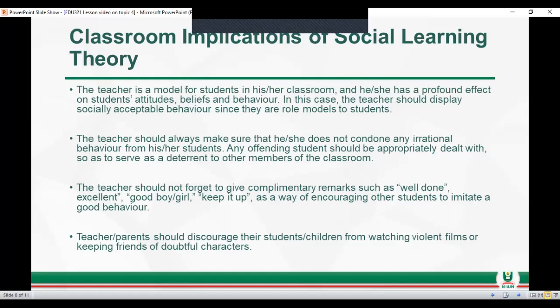In that lesson, we emphasized the use of positive reinforcement or even negative reinforcement, as the case may be. Sometimes the word negative there does not mean bad. Like we stressed in that lesson, the word negative means to remove or avoid an unpleasant situation in order to increase a behavior.